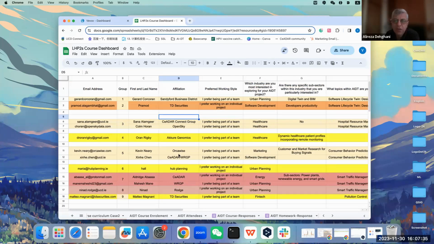Based on what they replied, and to speed up the process: some people were interested in doing it individually, as they already knew their use case. Some other people were free to join a group, but they knew what kind of industry they are interested in. Accordingly, Yilin and I decided to group people in this way.